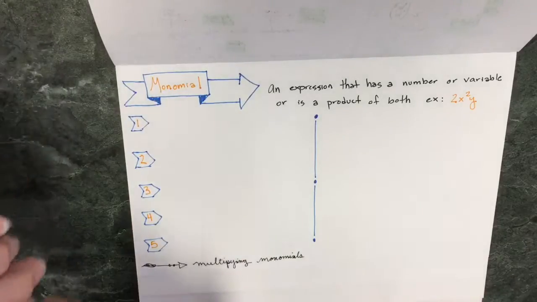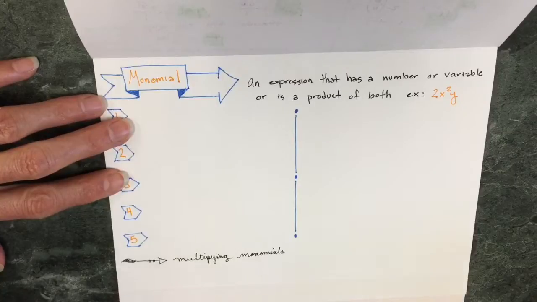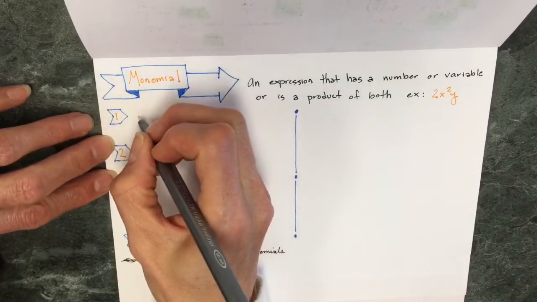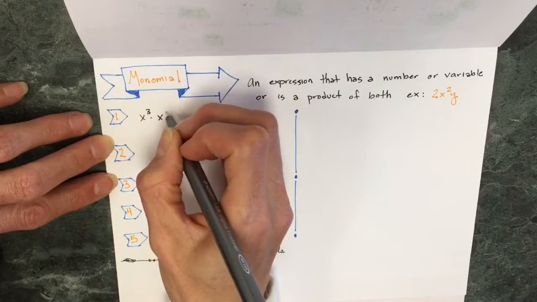Okay, our first example would be x to the 3rd times x to the 5th.